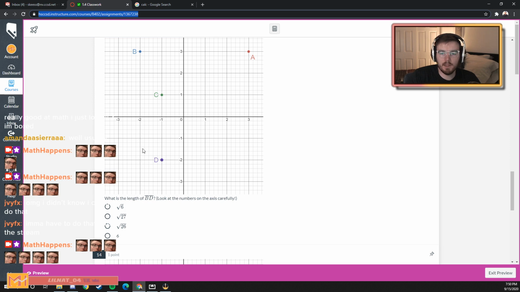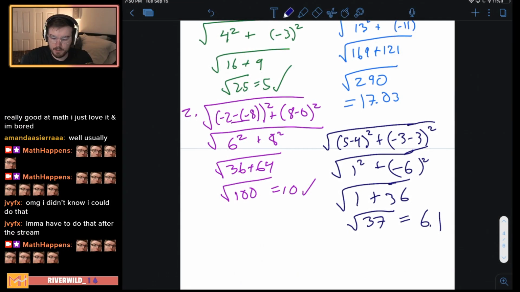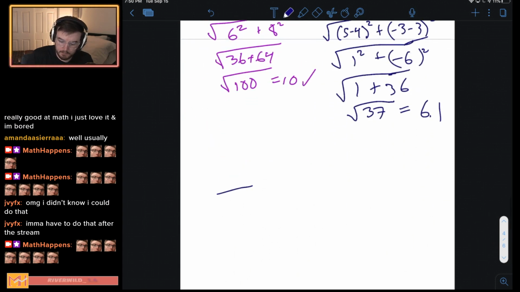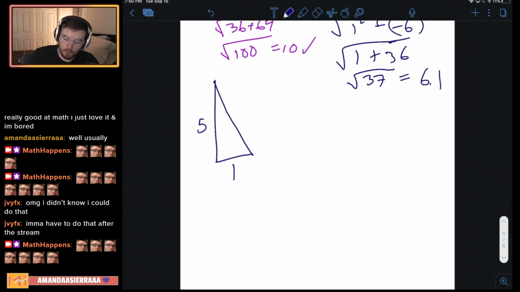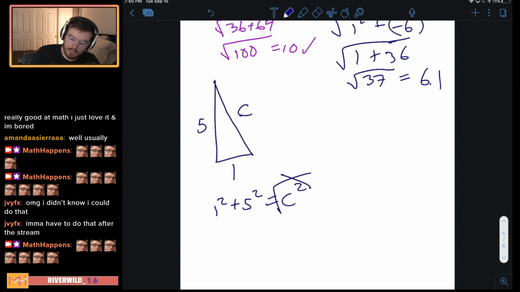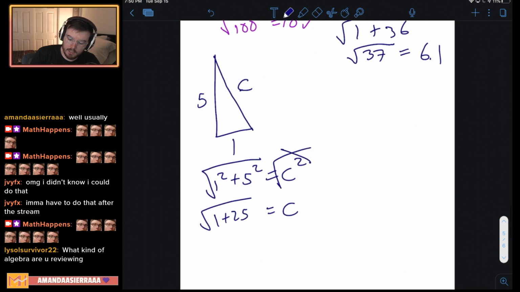So if it's 1 wide and 5 tall, let's call it C, because that's what it is. 1 squared plus 5 squared equals C squared. You take the square root to cancel out the squared, and we say that C is 1 plus 25, which is the square root of 26.